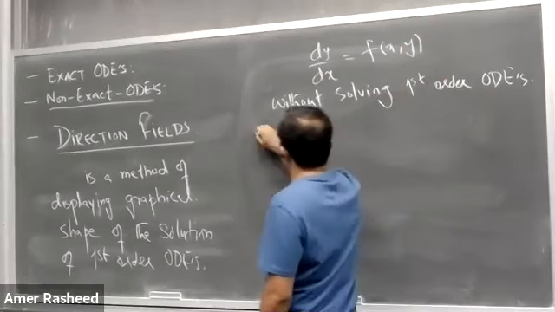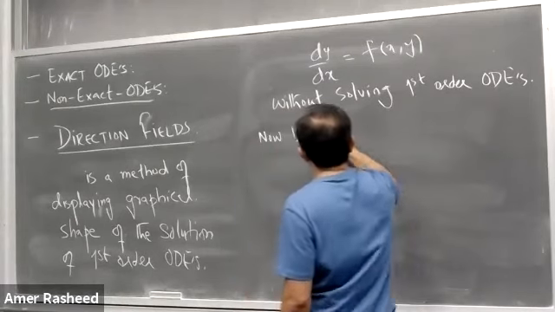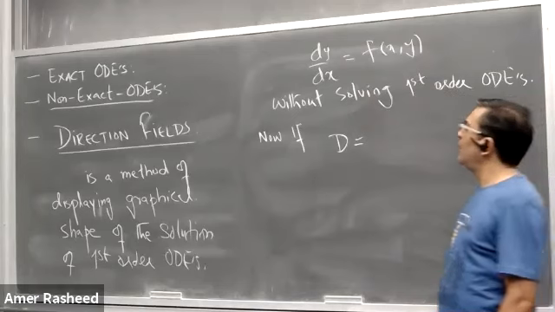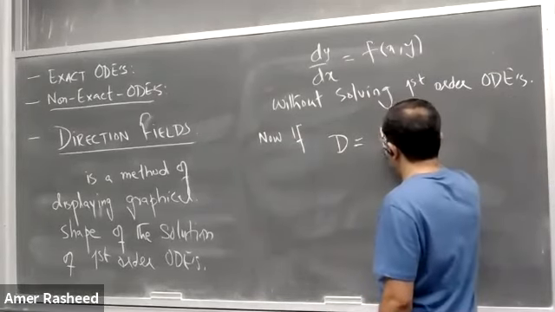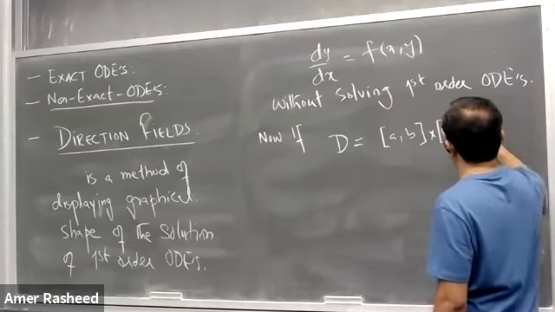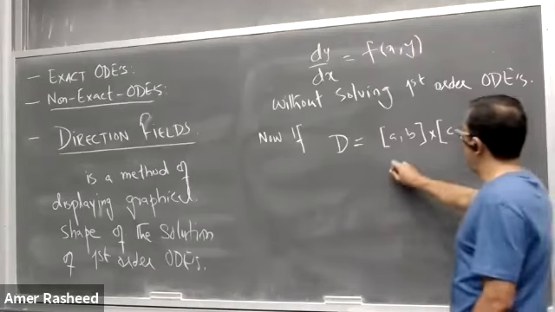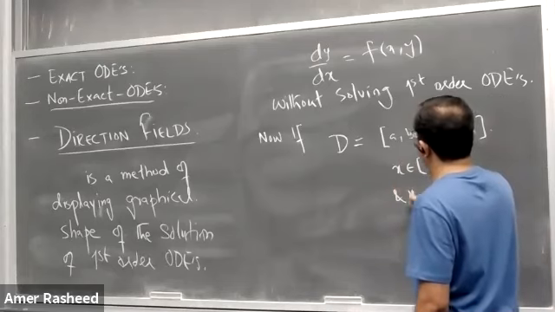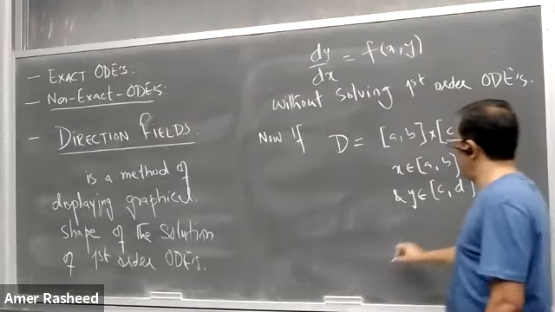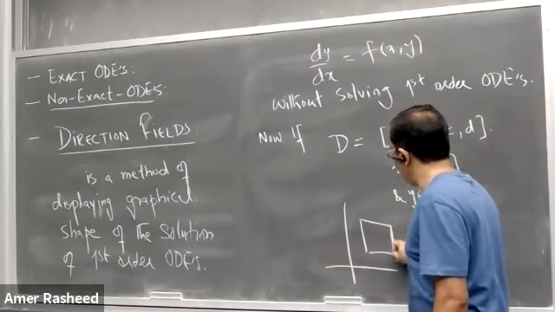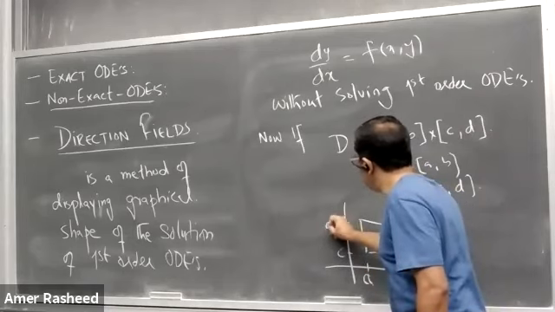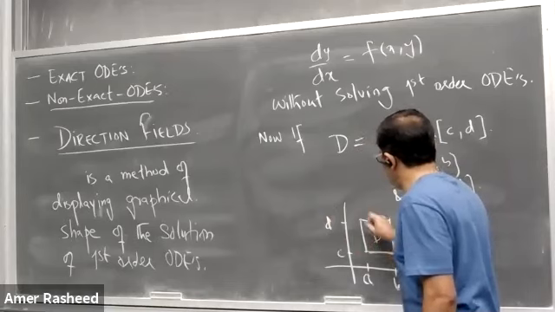Now, if D is the domain of these two variables, where x varies between a and b in this interval, and y varies between c and d, it means x belongs to [a, b] and y belongs to [c, d]. Geometrically, this domain is a square domain.